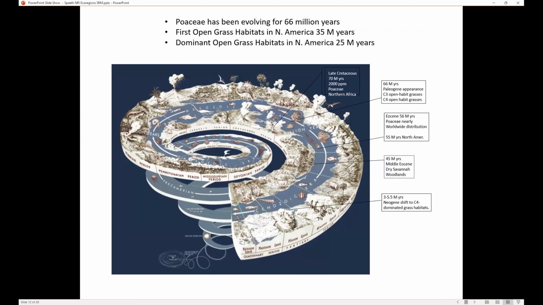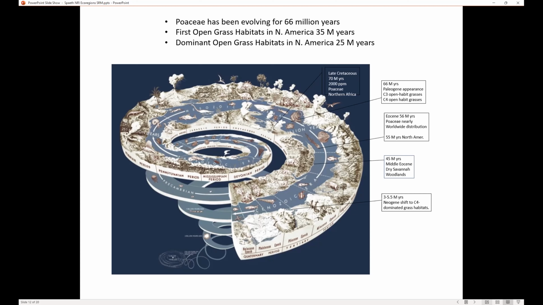And 56 million years ago, Poaceae was nearly worldwide in distribution, and well established 55 million years ago in North America, and so forth. I think it's almost impossible to conceive a 55 million year history.